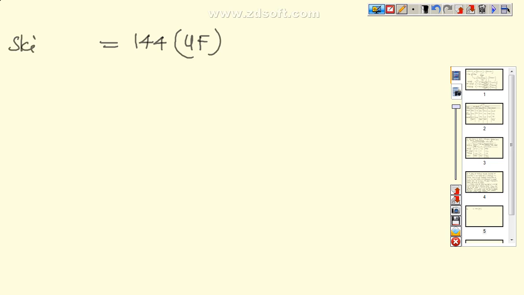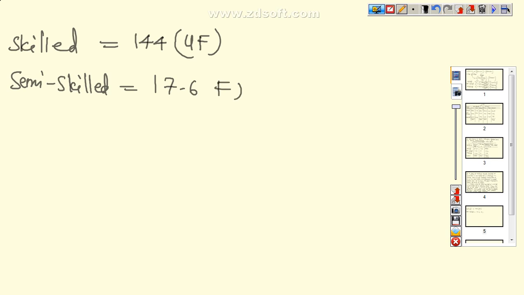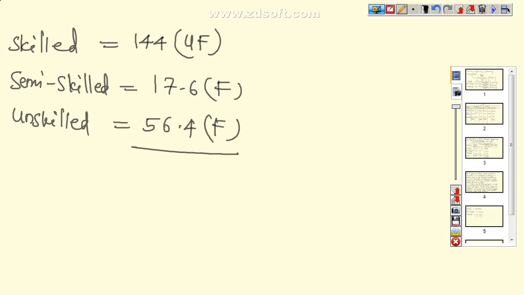In case of semi-skilled, it is 17.6, that is favorable, and unskilled answer is 56.4 favorable. Final answer is the total of these three, which is equal to 70 unfavorable.